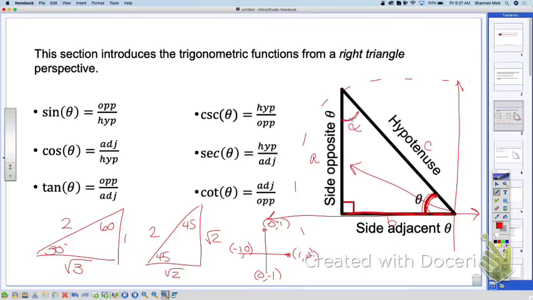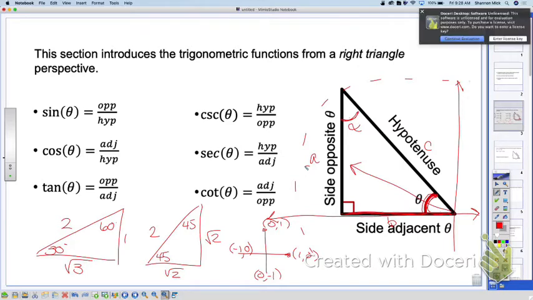B, and the adjacent is A, correct? So it's dependent on the angle you're talking about. Opposite of that angle, whatever angle you're talking about. Now the hypotenuse is always the hypotenuse, yes? Hypotenuse is across from the right angle. It is always the longest side of the triangle. What else? Am I missing anything? I don't think I'm missing anything.